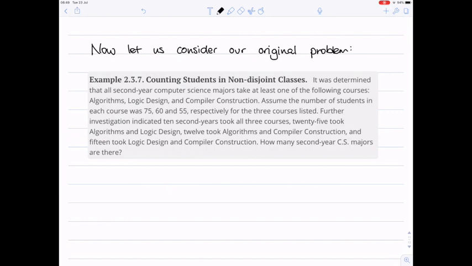So we're finally at the point where we can look at our original question, and we're going to use our 3-set law of inclusion and exclusion. So how do we set it up? We know that we've got a set of second-year computer science majors, and they're each taking at least one of the following courses: algorithms, logic, and compiler construction.